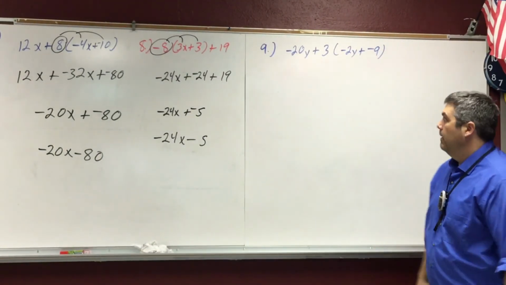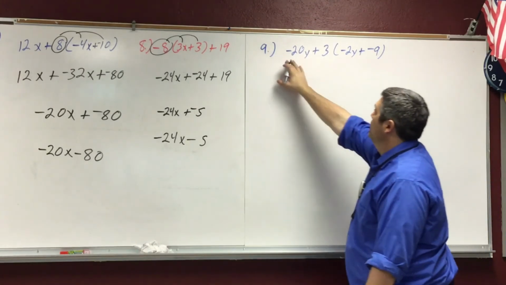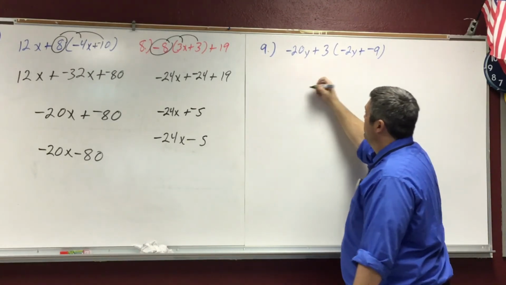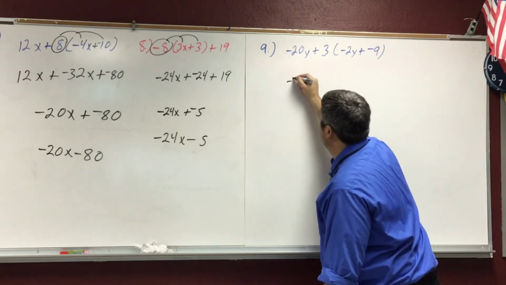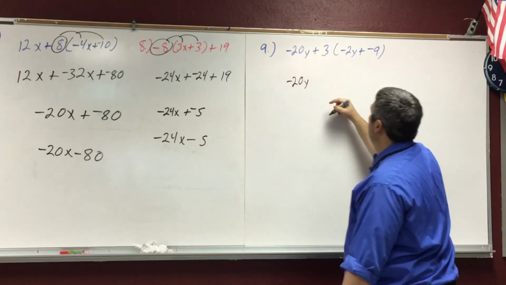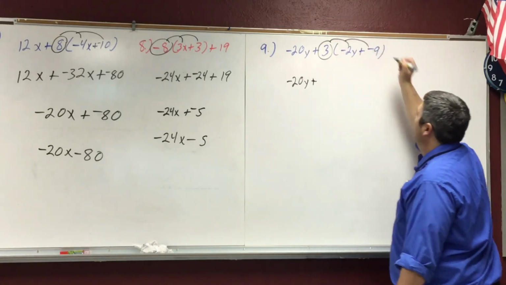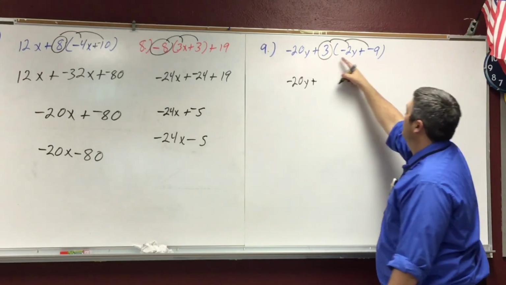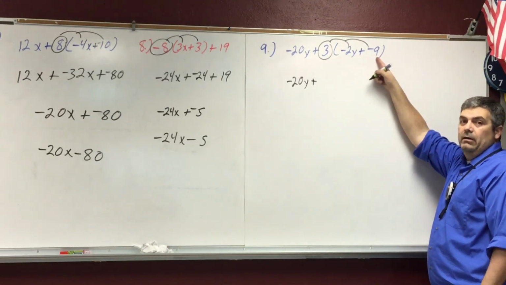Okay. All right. Same type of problem, except now I got negative 20y out here, but I can't combine it. There's nothing around that I can combine it with, so I'm just going to bring it down. Negative 20y plus, use my distributive property. Go right here. So 3 times negative 2y. Now look here. They already have this as a plus negative 9.